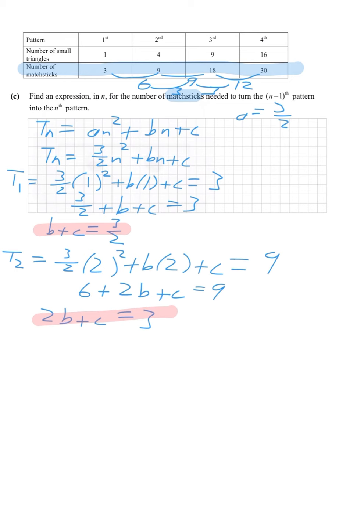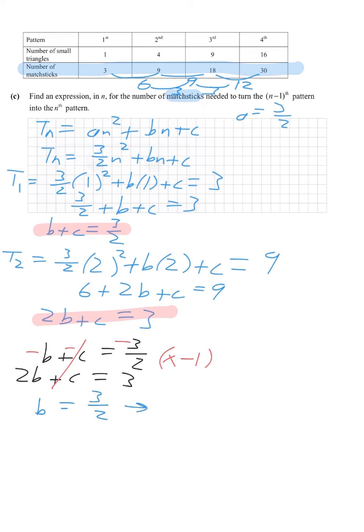So we have b plus c equals 3 over 2, and 2b plus c equals 3. I'll times the top by minus 1. These cancel, so I have b is equal to 3 minus 3 over 2, so that'll just be 3 over 2. Let's put that back into one of the originals.